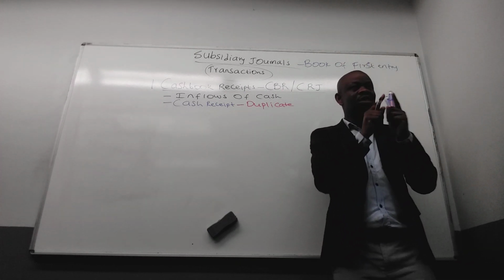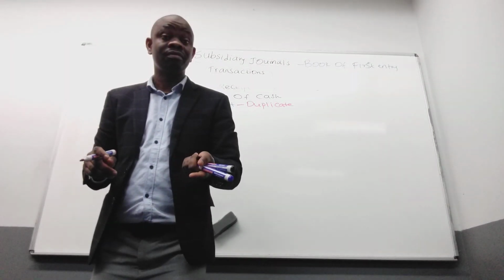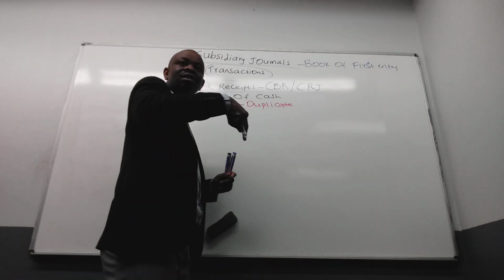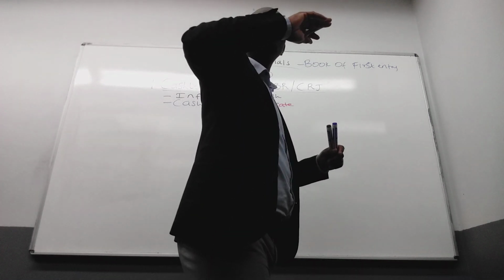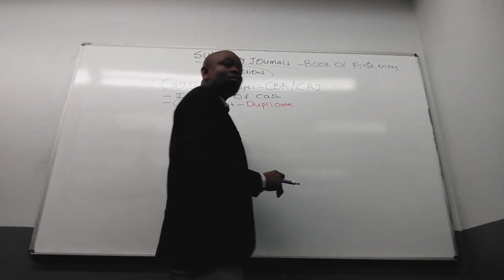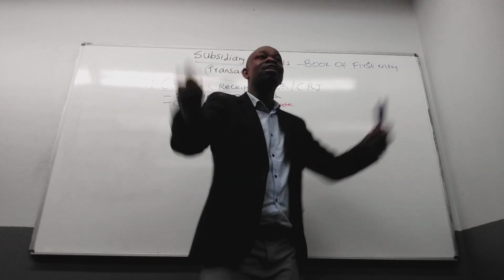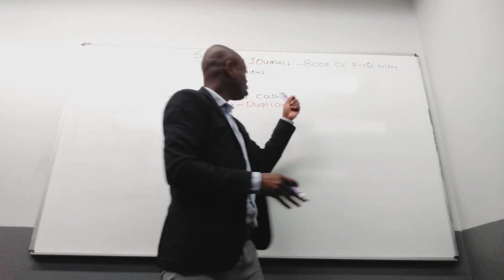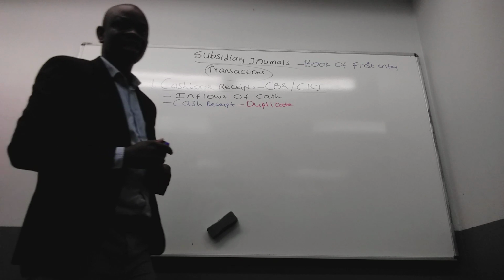By seeing the source document, you must know whether you received it or you issued it. Here the business is issuing the receipt, so we retain the duplicate. We don't care about what we gave; the person to whom we gave that source document will deal with it. We only care about what we are left with in the books of accounts, the duplicate. In a nutshell, we have cash receipts, especially when the debtors pay us.